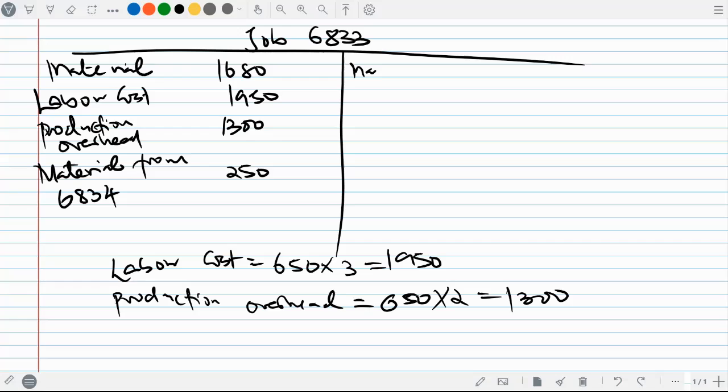No return of material to store. That is it. What else? Yeah, that is it. Okay.